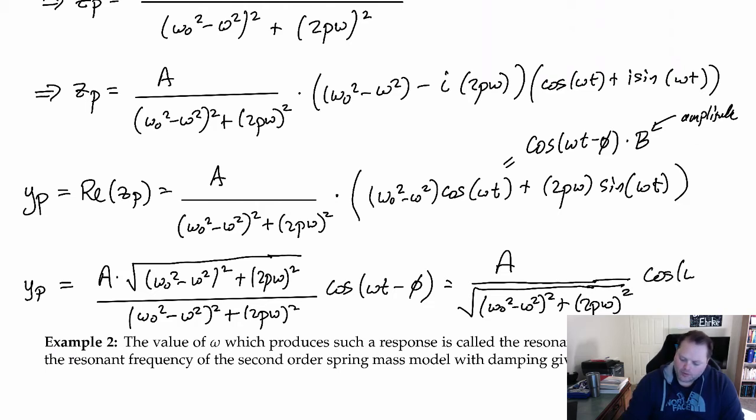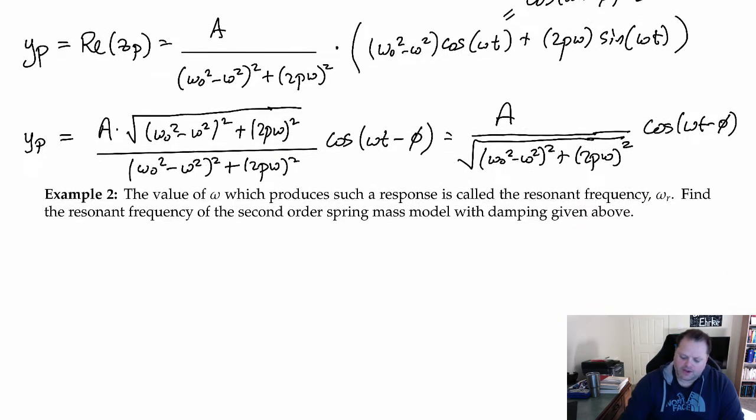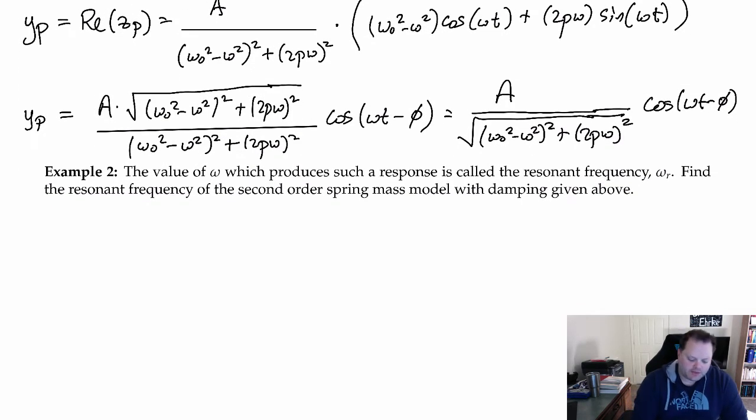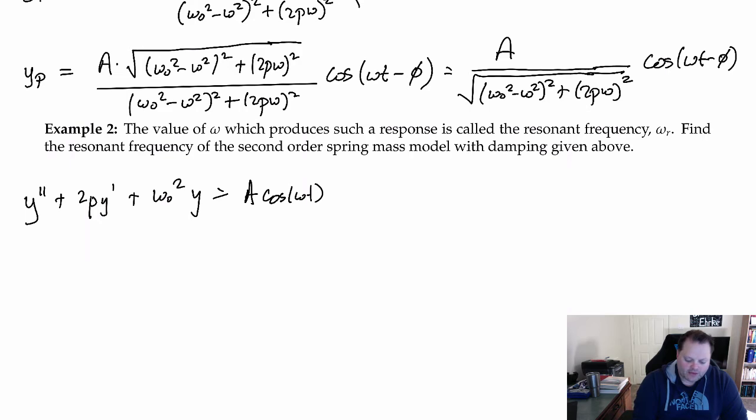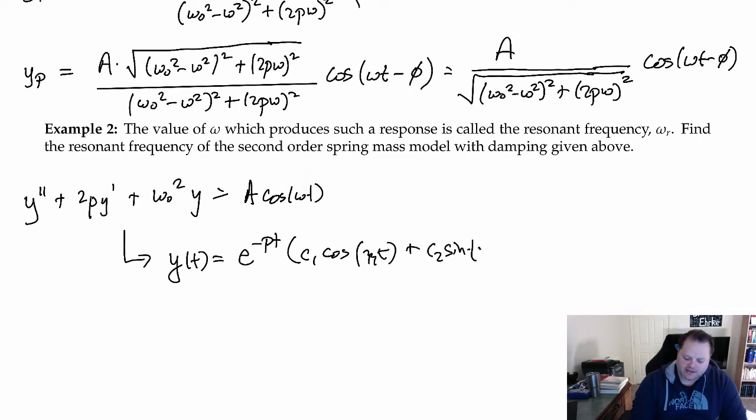All right, so let me just write where we are at this point. We have y double prime plus 2p y prime plus omega naught squared y equals A cosine omega t. And what we have found is that the solution to this is e to the minus pt, c1 cosine eta t plus c2 sine eta t, right?